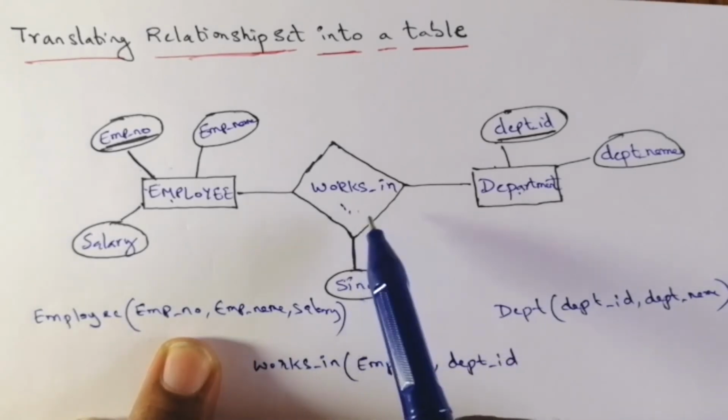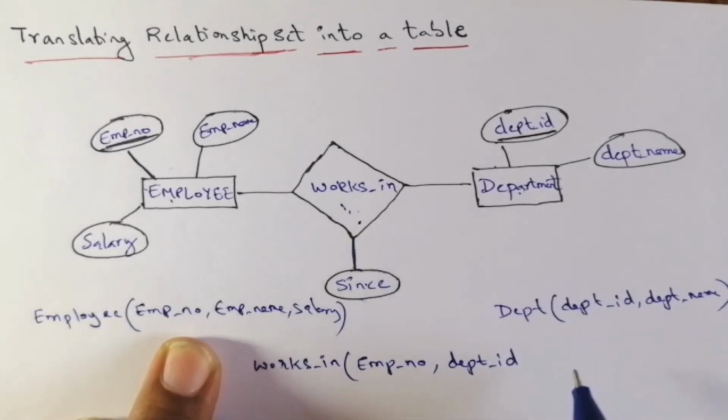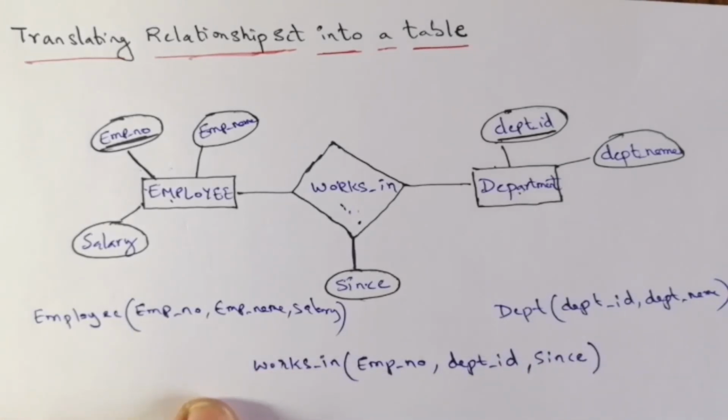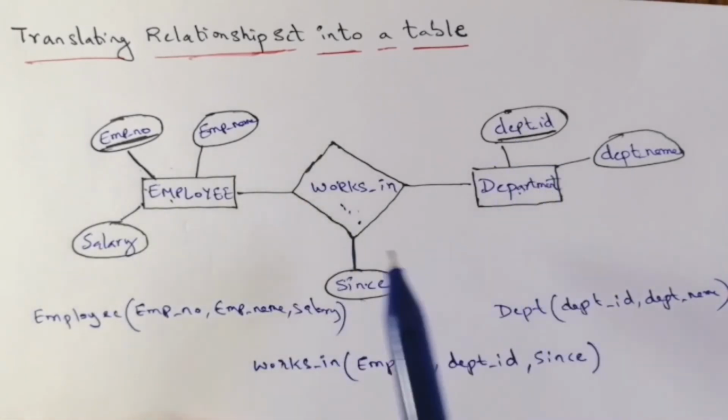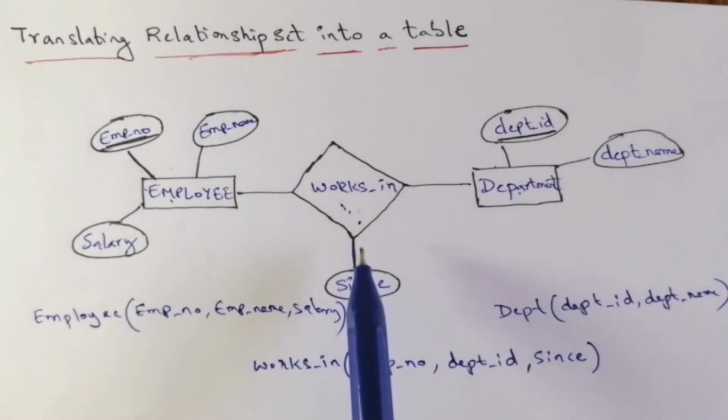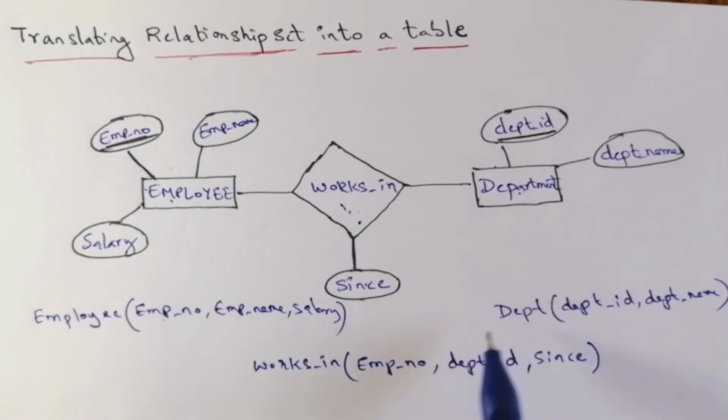Then it has a descriptive attribute, since, which is also going to take part in the relation itself. So this is the general case of converting a relationship, right? Here we have three relations. This is a normal case. We have discussed how to translate an entity to a relation and also a relationship to a relation.